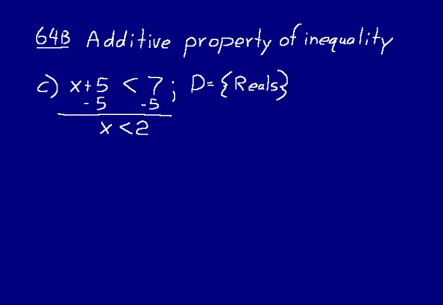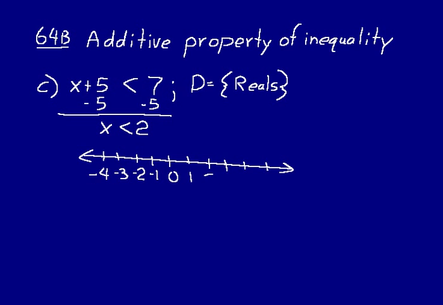And so to graph this, we just make a number line. And on our number line, we first need to look at our domain. The domain for this particular inequality is the real numbers.